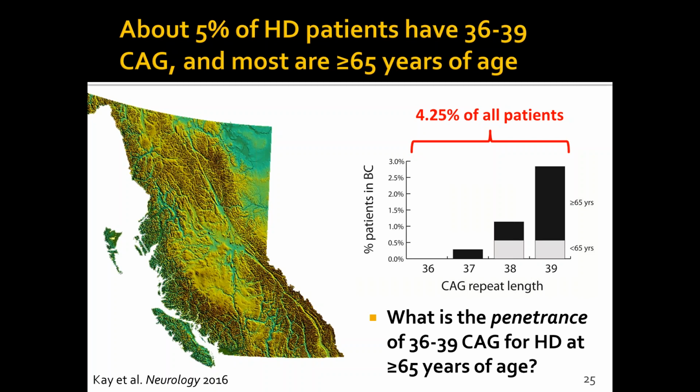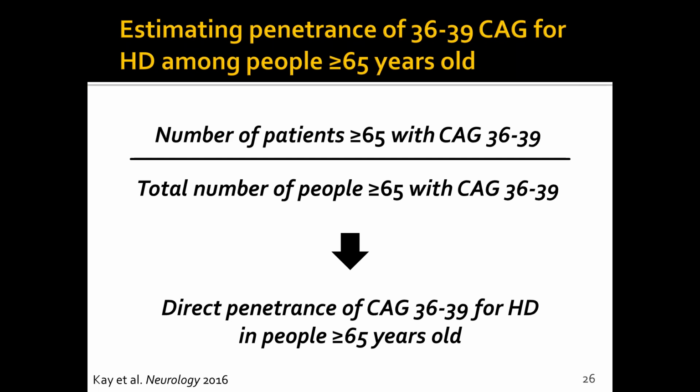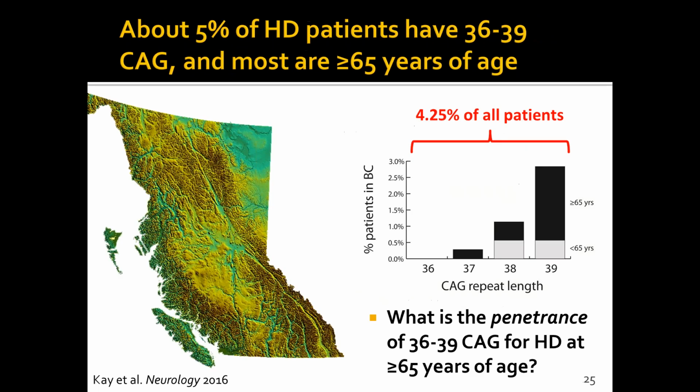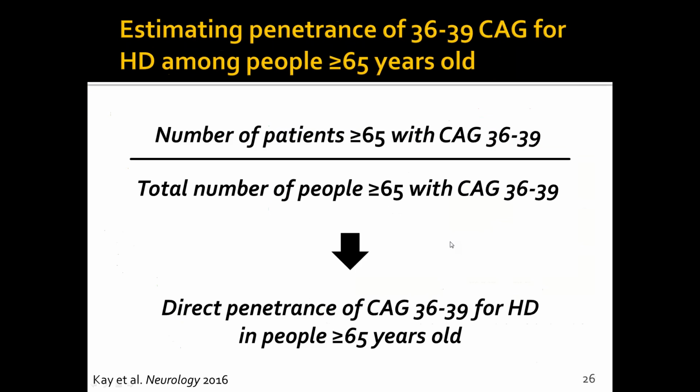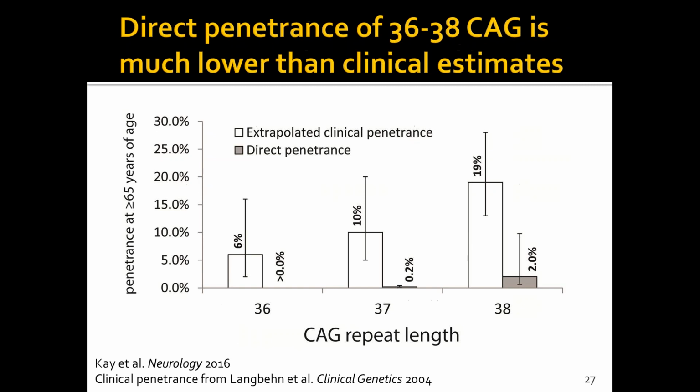So the way we did this was we took the total number of patients over 65 with 36 to 39, so that would be the patients in black, and we divided that by the total number of people that we would expect to have 36 to 39 based on our genotyping data. And we call this a direct penetrance estimate of HD for 36 to 39 in people who are over 65 years of age. So this is as confusing as it will get. Don't worry.